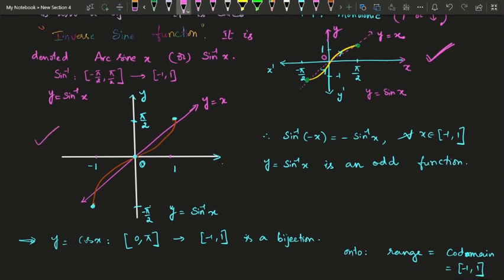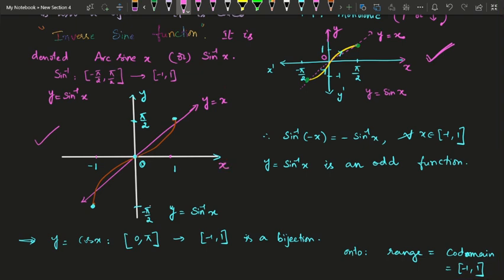Obviously it looks like this. So reflect the graph of y equals sine x in the line y equals x. Here we have to rotate the graph through an angle of 180 degrees, or else interchange both the x-axis and y-axis.